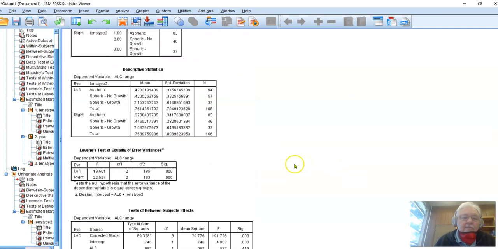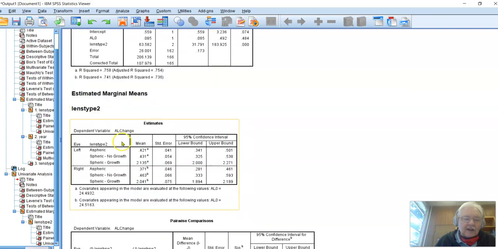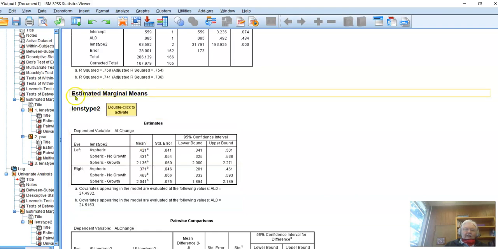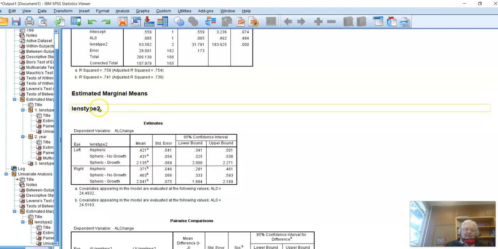I want to point out, if we look at this, let's say spheric versus growth, it's 2.15, the left eye. Spheric 2.13, slightly different. And not very different because the covariate wasn't significant. And that's what all those little A's refer to. Anytime we have a covariate, we're estimating the marginal means, and it does it by plugging in the values from the actual underlying statistical model.